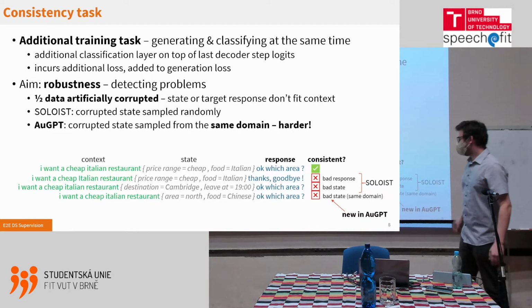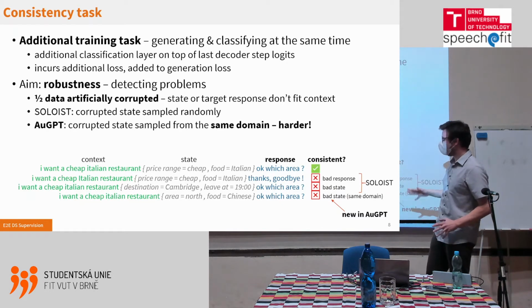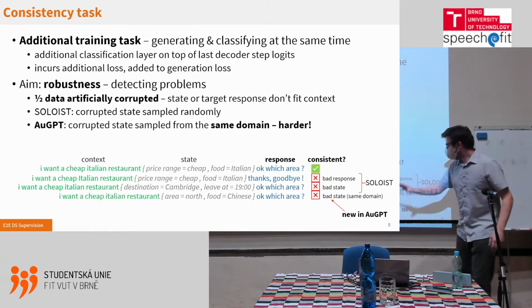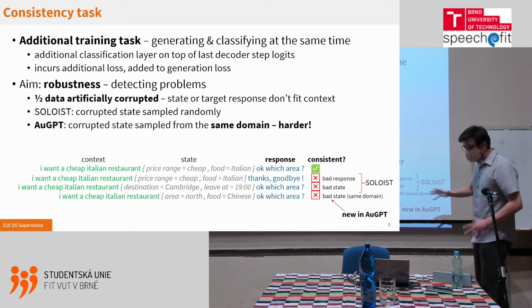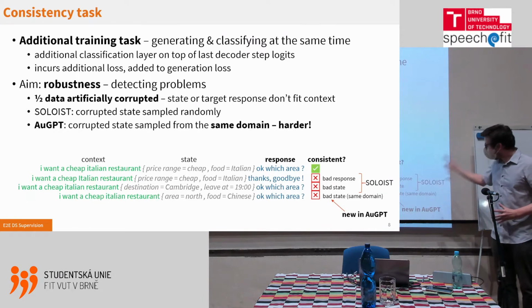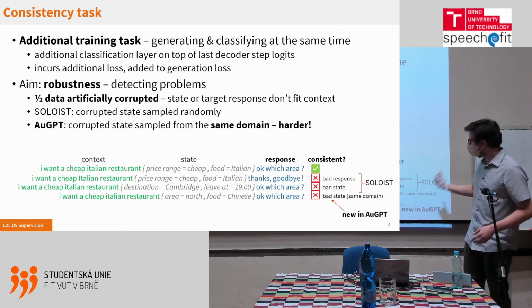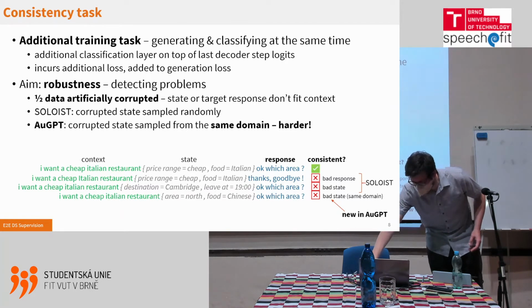Right now it's still about restaurants. The system has to figure out that the user wants Italian, but the state says Chinese, and this doesn't fit. So this is a new version of the consistency task, which actually helps the performance. It's making it harder for the system to distinguish when it's not making sense, and training it to do so helps it make sense in real operation.